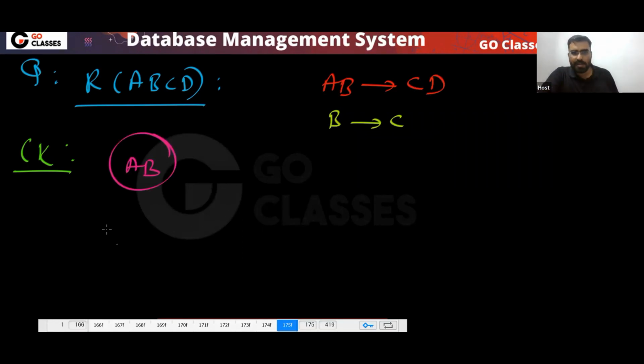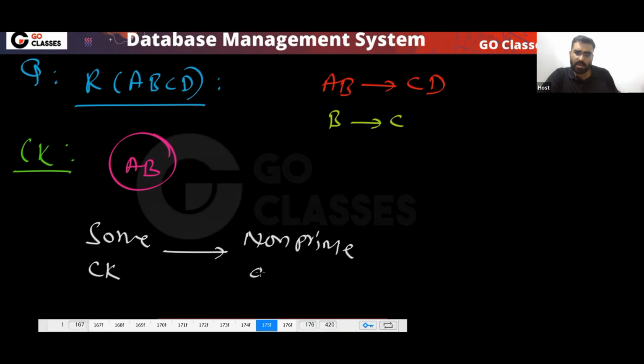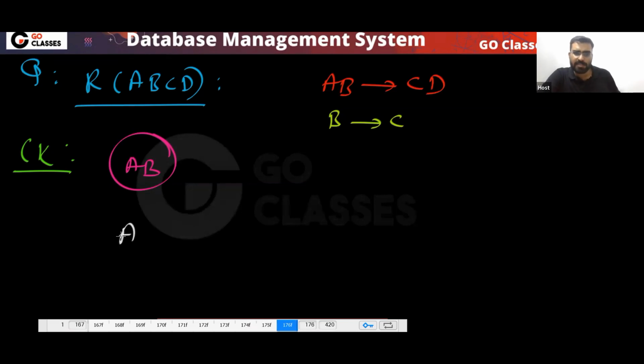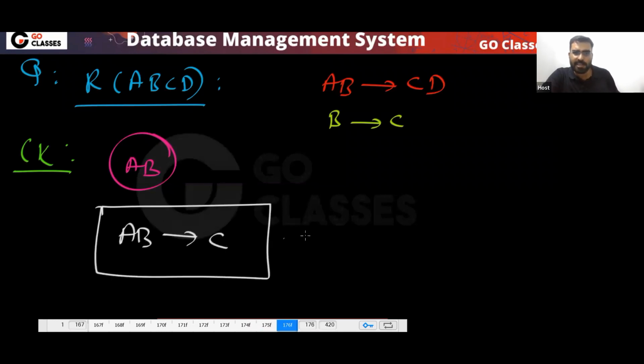Now you tell me, do we have this type of partial dependency, where here you have a candidate key and here you have a non-prime attribute? Yes, you can notice AB determining C. This is partial, yes or no?